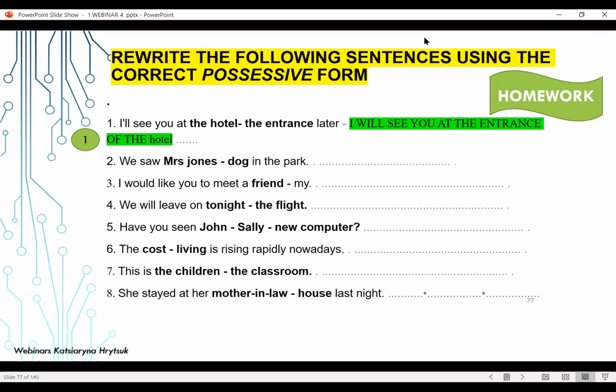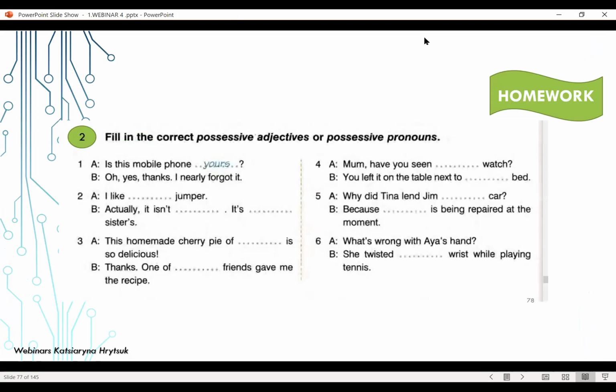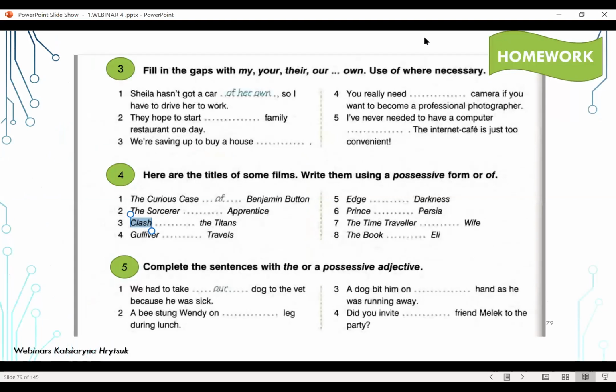We are going to do the homework, not practice now. That is for you. Please write down 77, 78, and 79. Here is a bit complicated, and here you will also have "of her own".